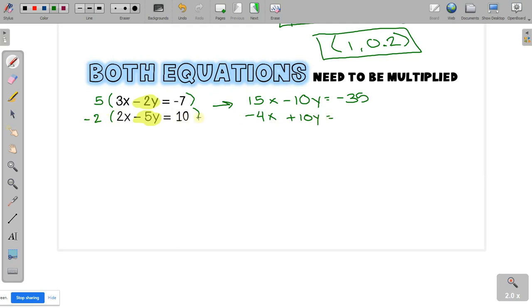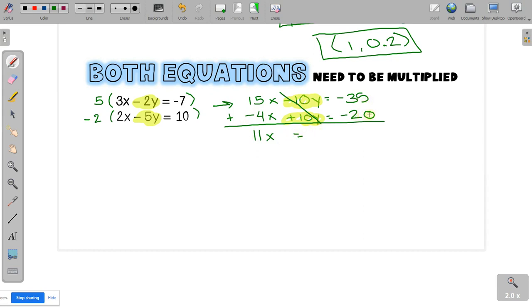And -2 times 10 is -20. Now if you look at our y's, we have the same number and opposite signs. So now we're just going to add straight down. 15x minus 4x gives us 11x. Our y's cancel.